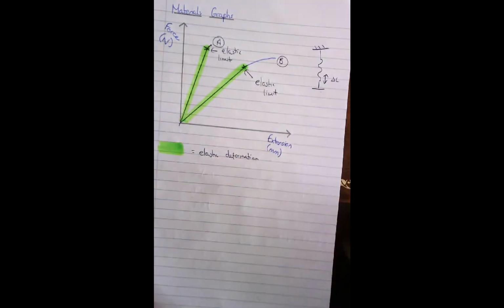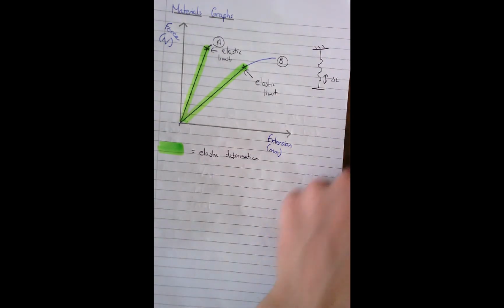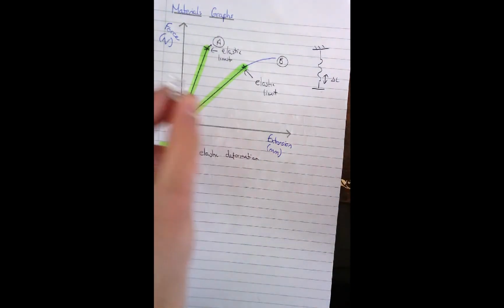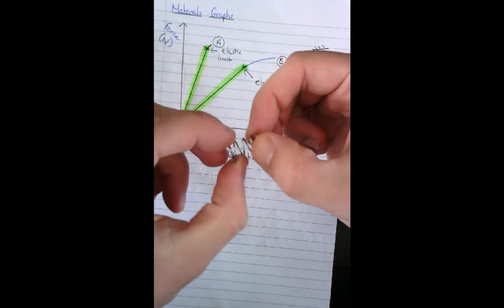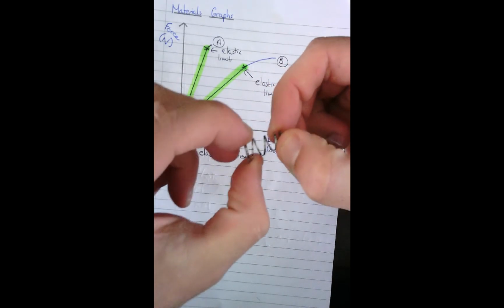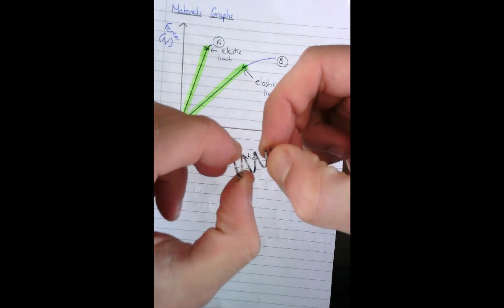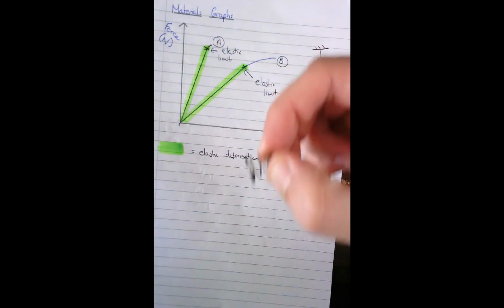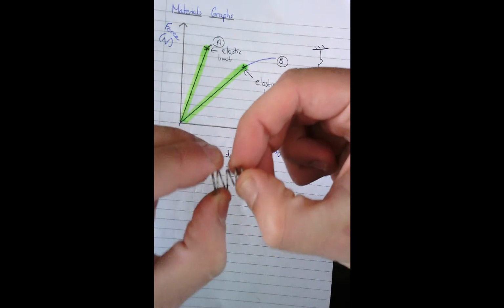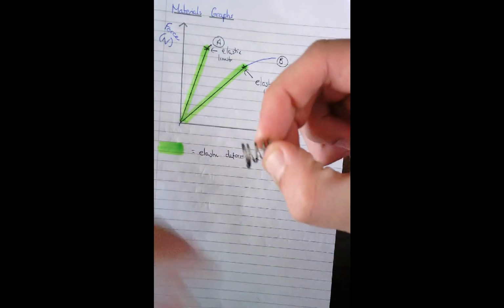Now, what does elastic deformation mean? Well, it means that if you've extended it, it will return back to its original length. So I've got a spring here. If I extend this spring, it extends elastically, and therefore, when I let go and remove that force, it returns back to its original length.